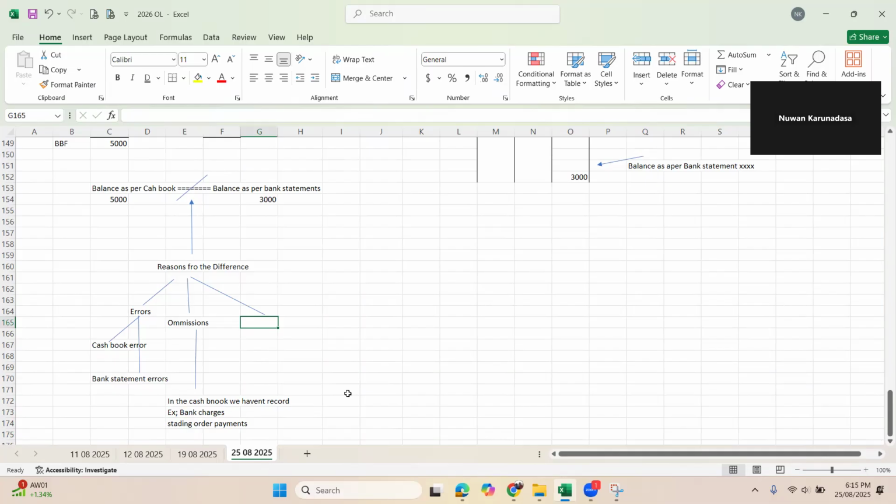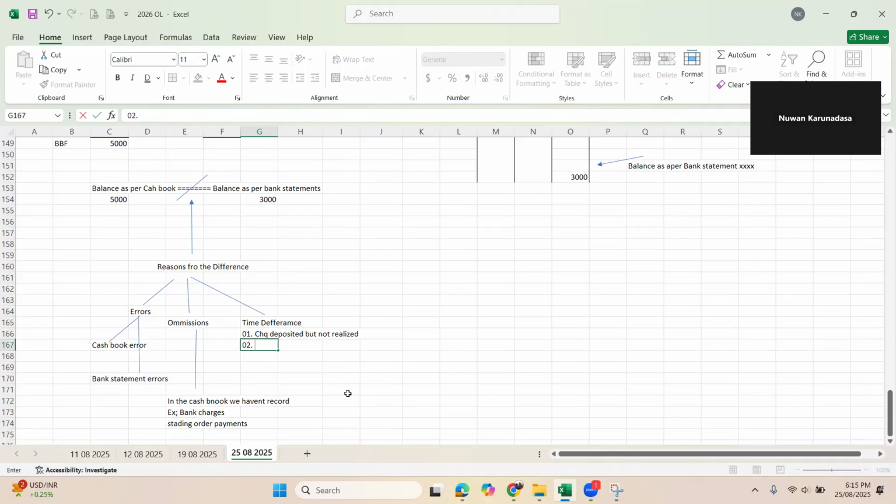Then the third one is due to time difference. There are two due to time difference. Number one, check deposited but not realized.